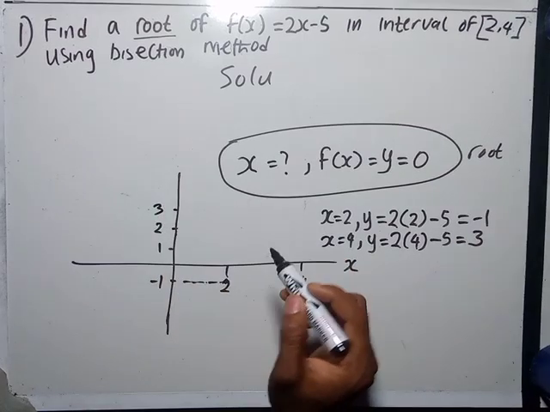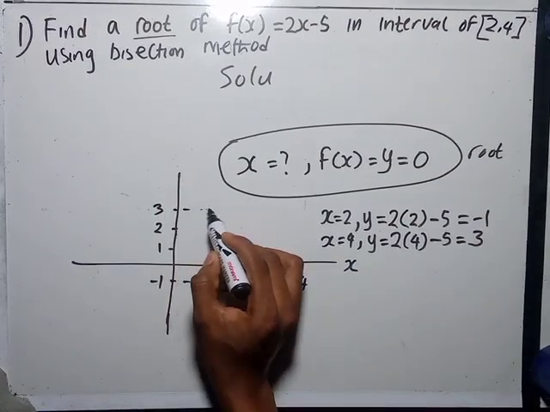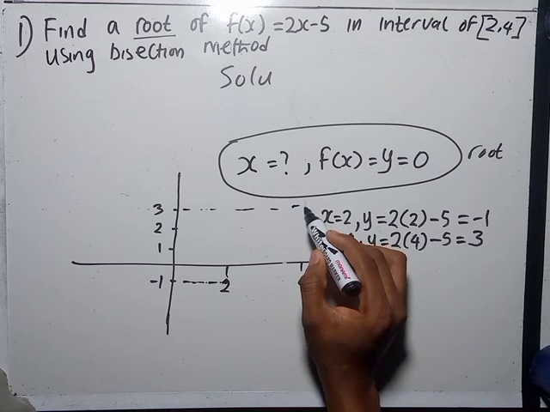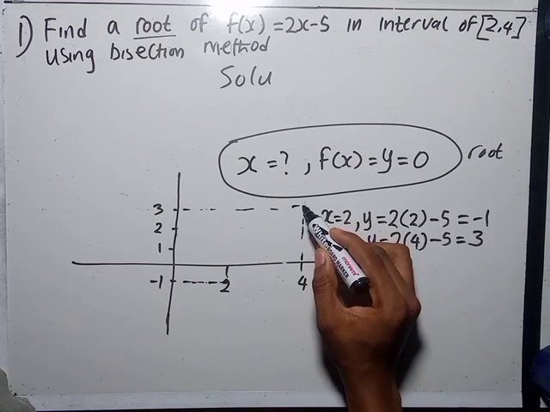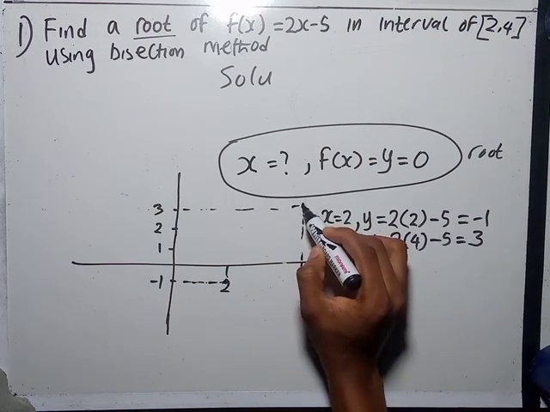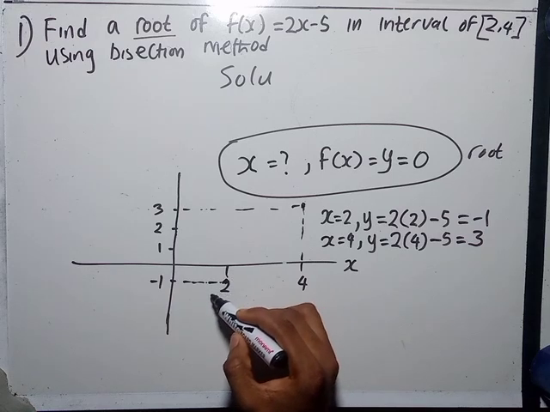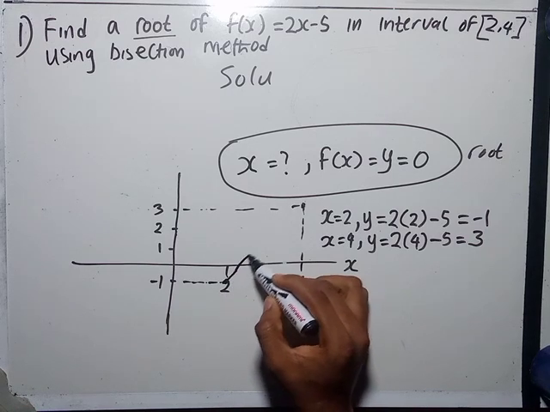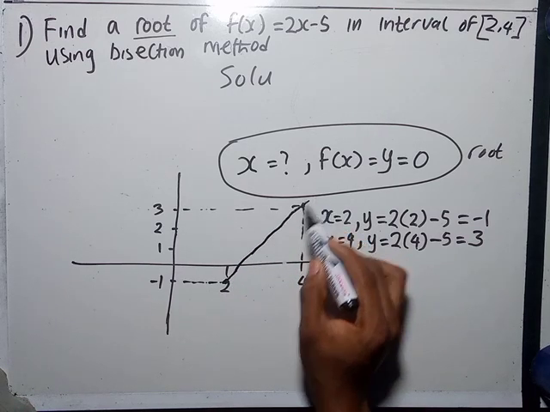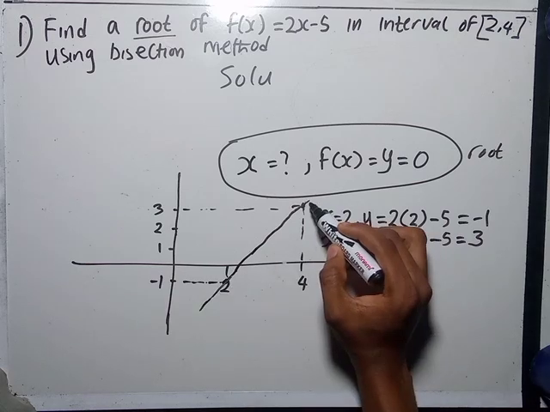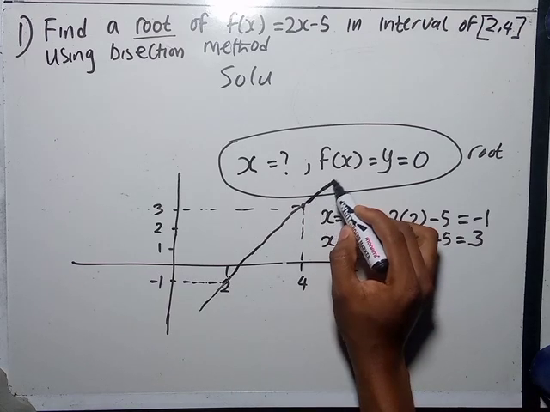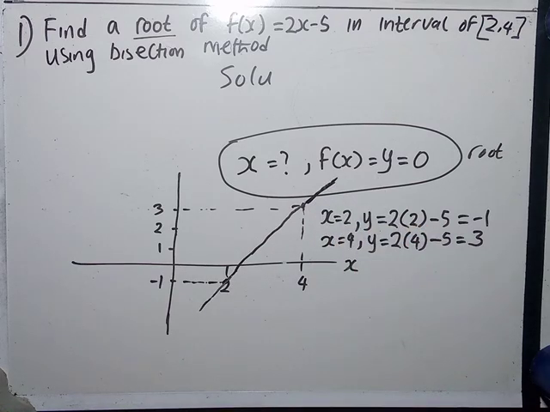This is a rough sketch. It's not compulsorily correct. Just want to make a sketch here. So we can now join these 2 points together and say that this is our graph, approximately our graph.